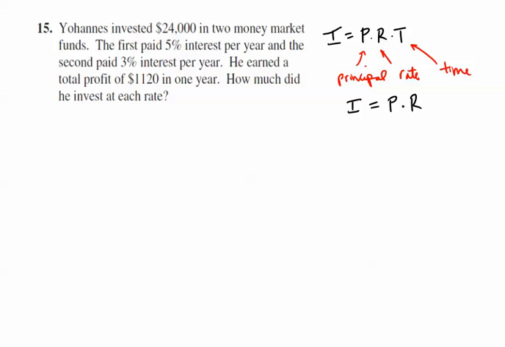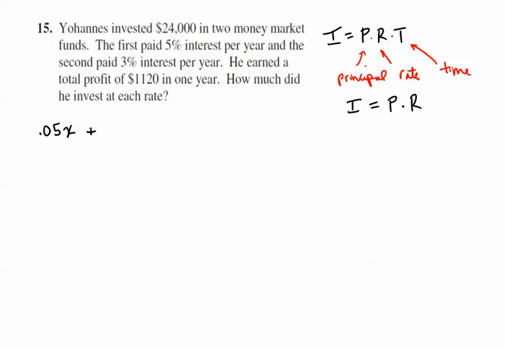So first of all, we have $24,000. We're going to take out a certain amount of that and invest it at 5%. So the principal times the rate would be 0.05, we convert the 5% to a decimal, times how much? We don't know, so we call it x. So that would be the interest on the money invested at 5%.